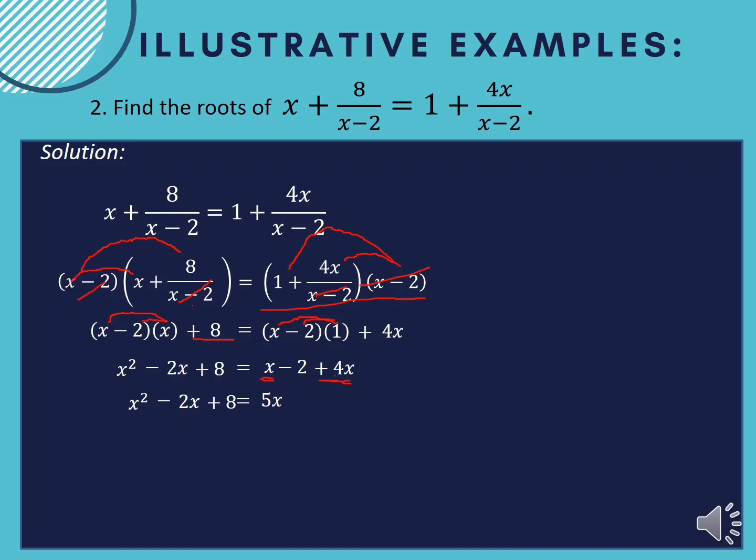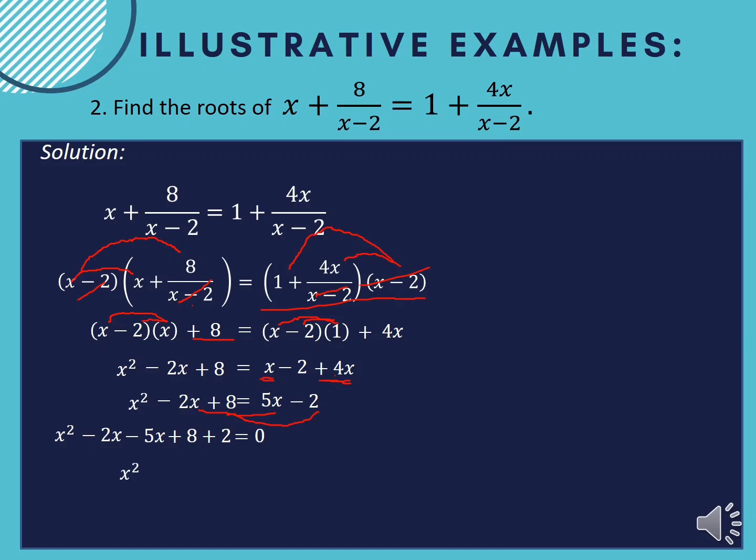So, x plus 4x, we have 5x. Then, minus 2. Then, let us transform it. So, we have x squared, negative 2x. This positive 5x, we move to the other side, so it becomes negative 5x. Positive 8, and we move negative 2 as well, so it becomes positive 2, is equal to 0.